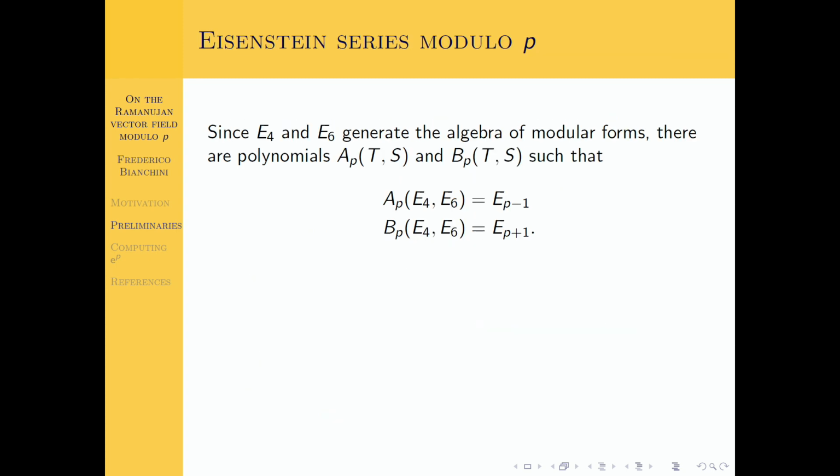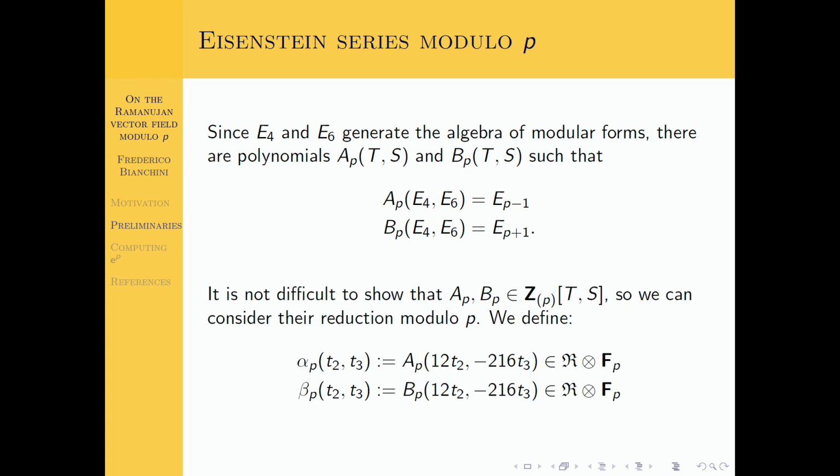Since E4 and E6 generate the algebra of modular forms, we can consider polynomials A_p and B_p such that A_p of E4 and E6 is E_{p-1}, and B_p of E4 and E6 is E_{p+1}. It's not difficult to show that they both have coefficients in Z localized at p. And so we can consider the reduction modulo p.